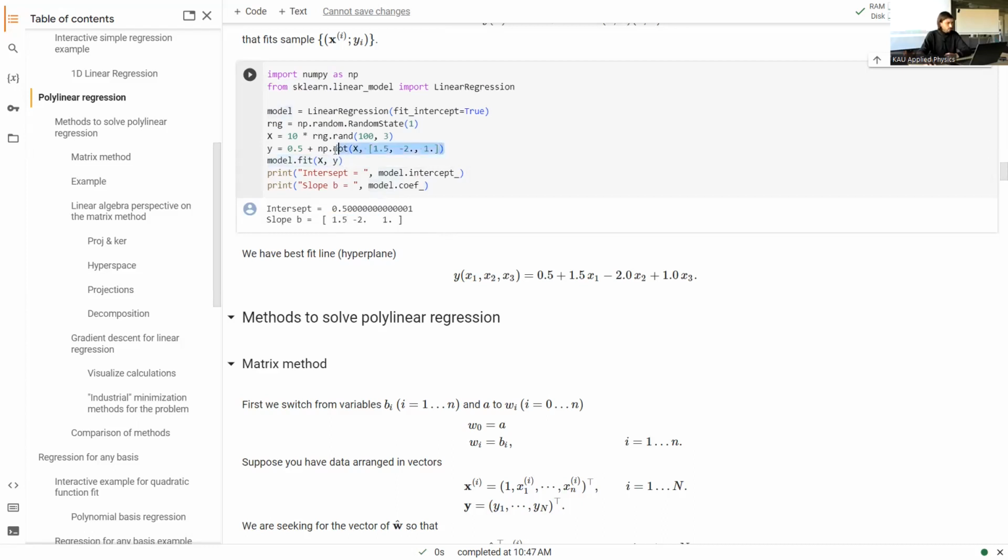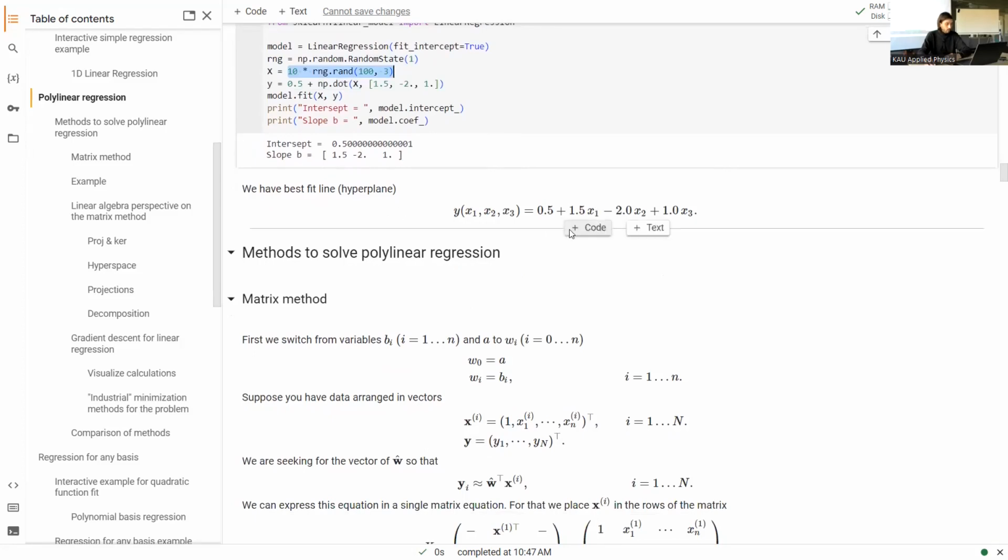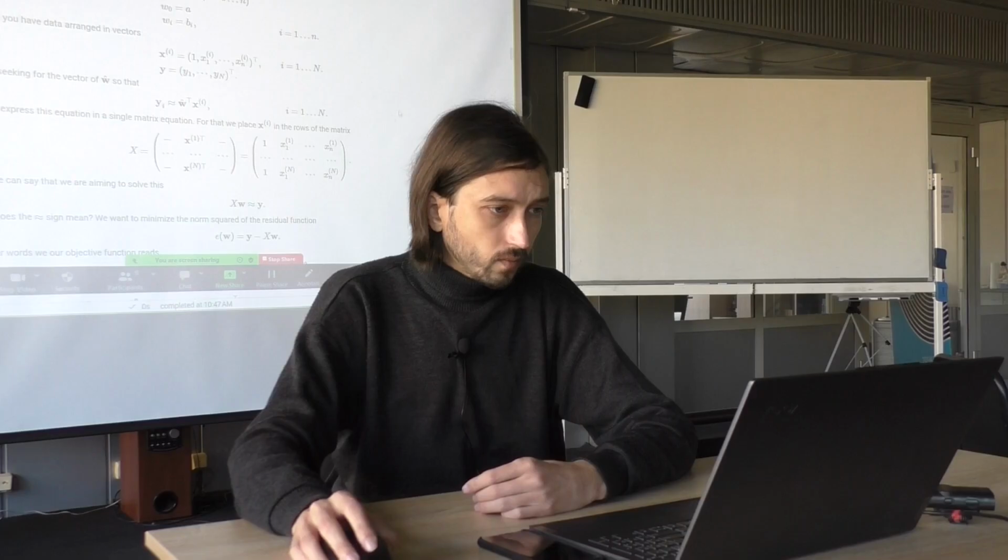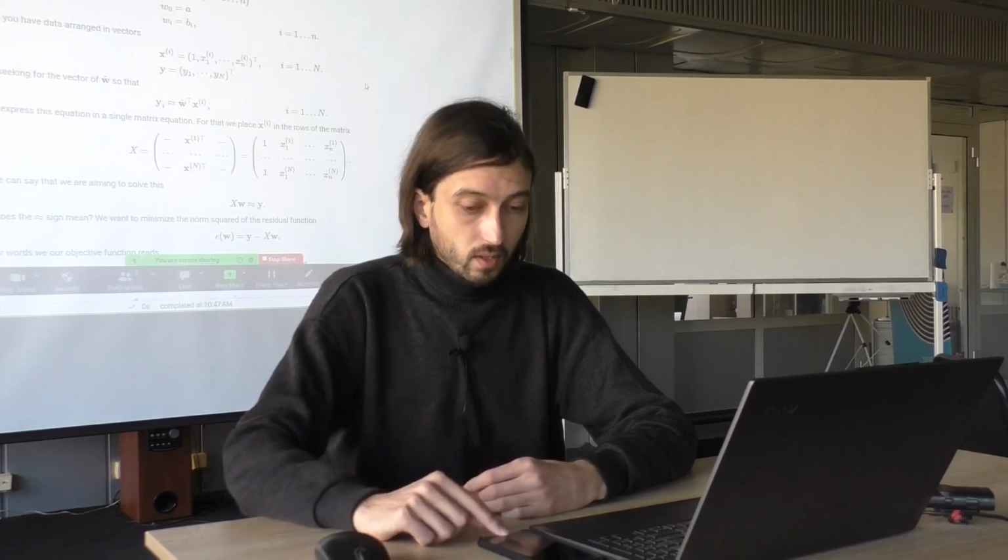You see, these numbers are very close to how I generated this data. I was basically making this hyperplane with some randomness added to it, and so the hyperplane was perfectly recovered.